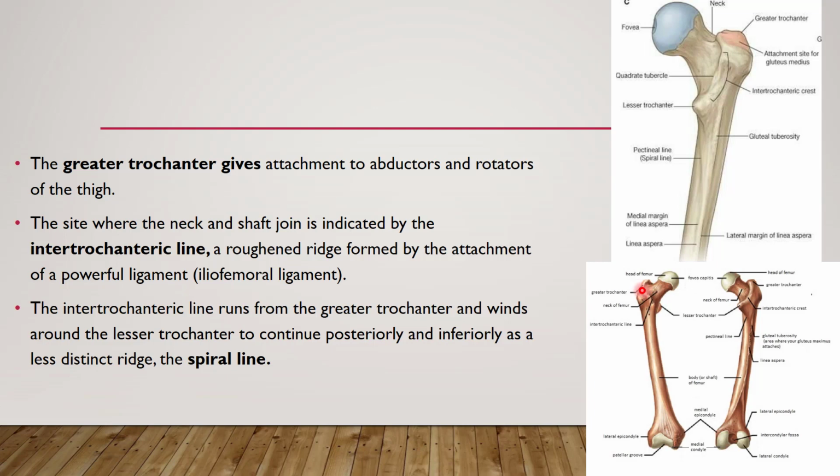What I have told you, see here, the intertrochanteric line is visible on the anterior surface, in between the greater and the lesser trochanter. This line will run on the back also, and it will be continued as the pectineal line or the spiral line. See here, this is the pectineal line or the spiral line on the posterior surface. It is the continuation of the intertrochanteric line.